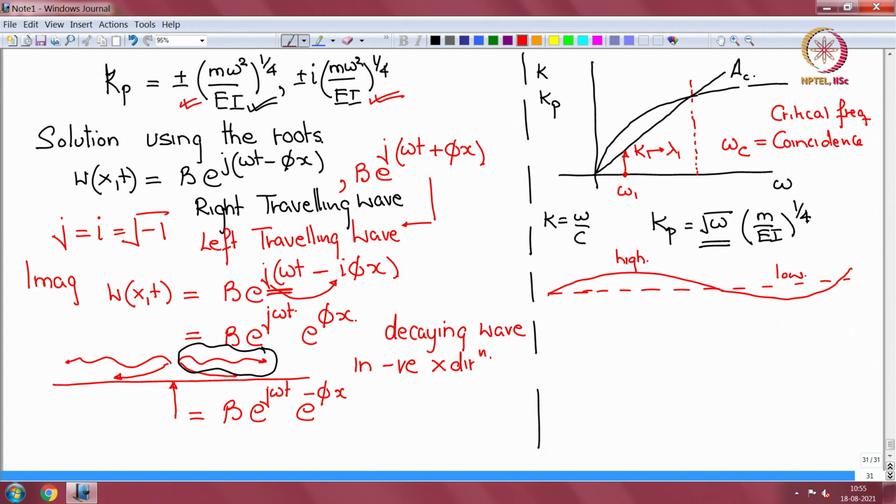Now if I take another omega, omega 2 suppose, I am just describing the plot of the dispersion equation, how to read it, because this is a very physical quantity. So at omega 2 my K2 is higher and lambda is inverse of K, so lambda is smaller.